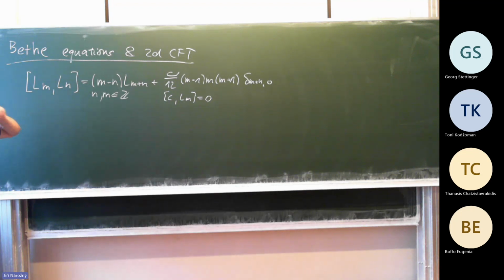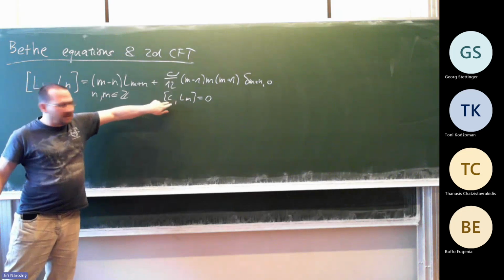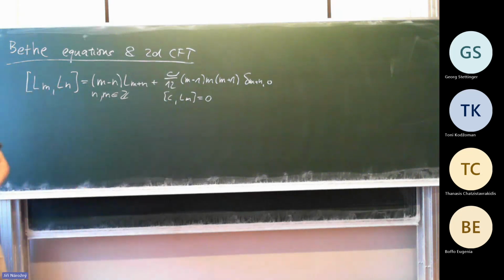You can think of this C as being an additional generator of the algebra that is central. But my favorite perspective is that this algebra is a part of a larger family of algebras, called W algebras, and those are not Lie algebras in the usual sense.